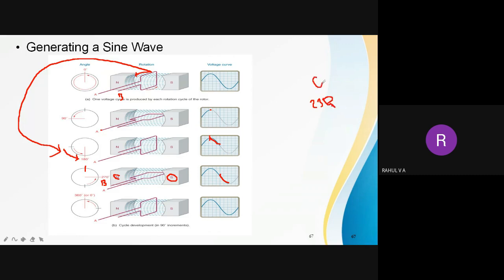So the voltage at A is always less than B, and it will give you a negative quantity. So it moves from 0 to minus maximum.